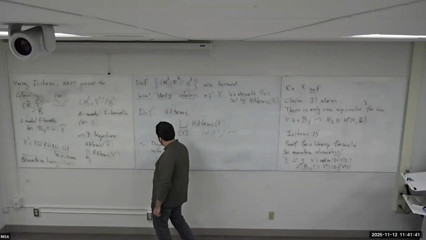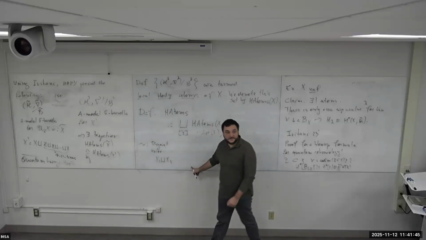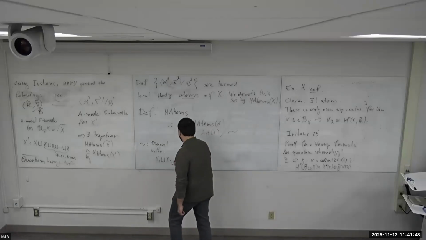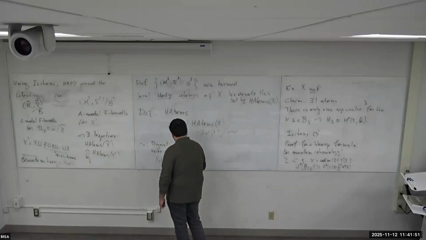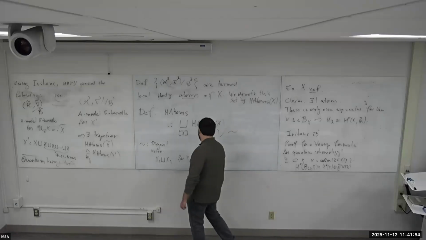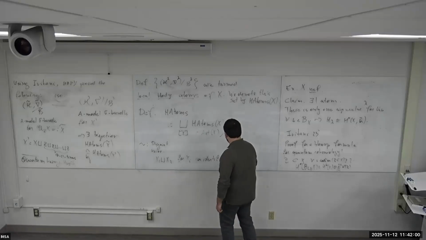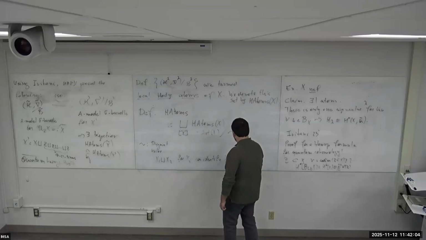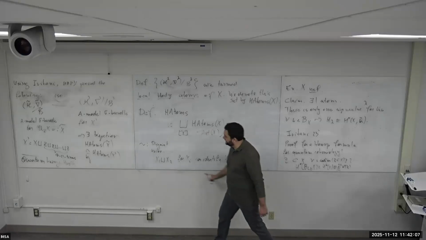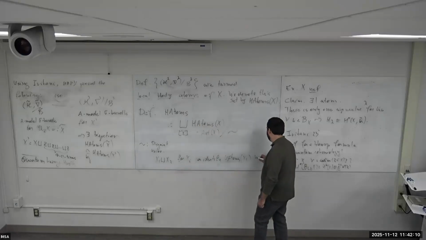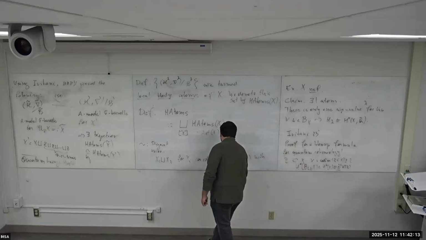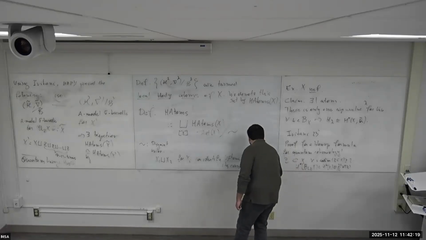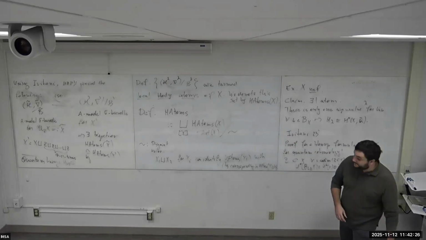Well, it says that if you pick some disjoint union, then for each component, you identify atoms of X_i with its corresponding atom in here, atom X1.